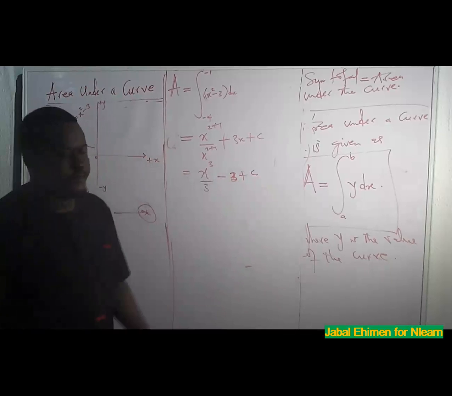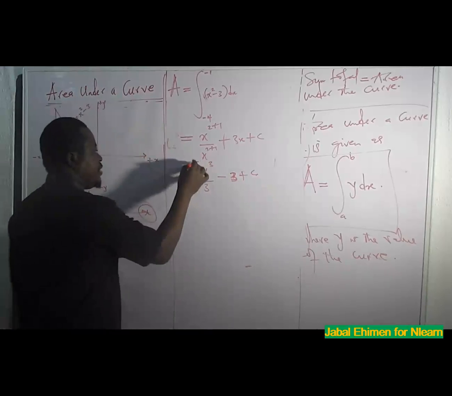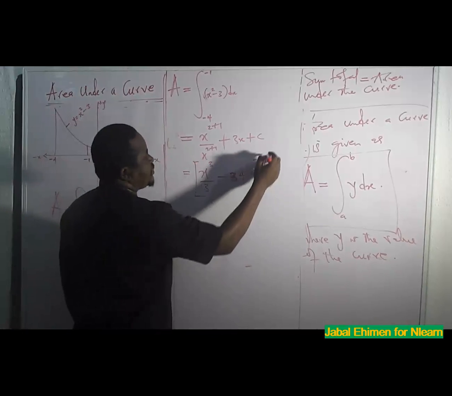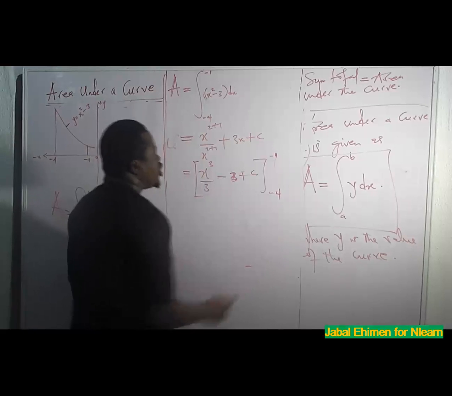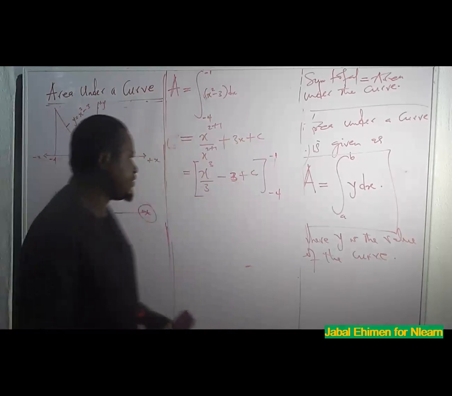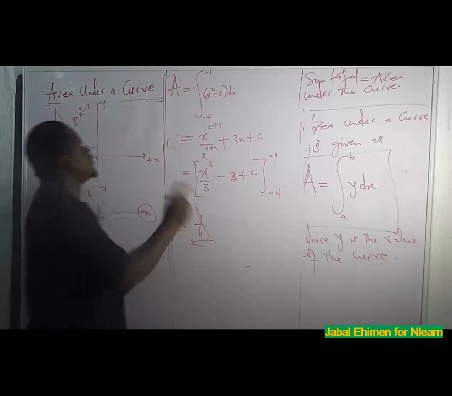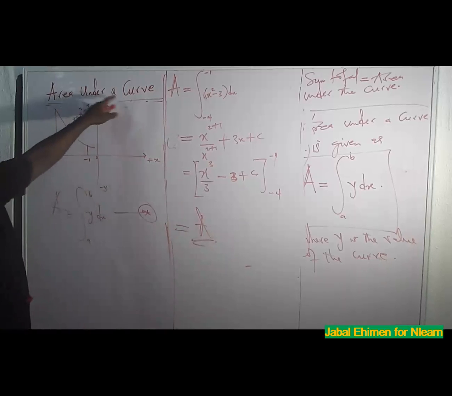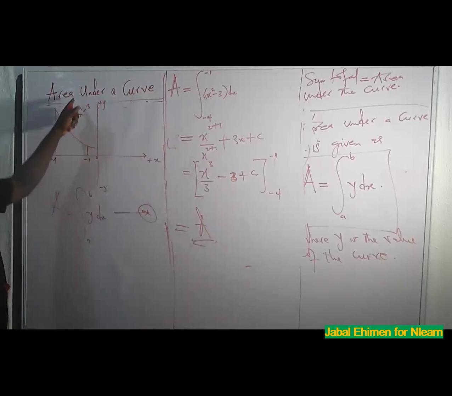But beautifully enough, it's simple. So with this, we can now take our bracket and you have minus 1 at the top and minus 4 at the bottom. Whatever you substitute here, what you end up getting is the value of A, which is the value of the area under a curve. And the curve still remains y equals x squared.